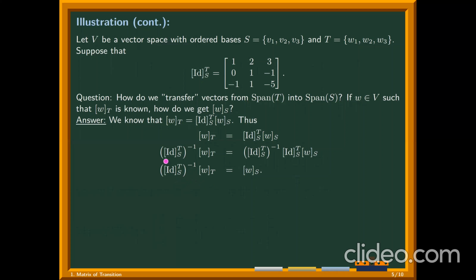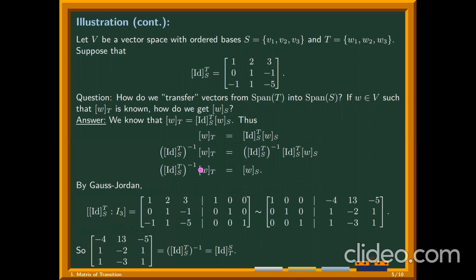So we just need to determine the inverse of the transition matrix from S to T. And you can obtain that inverse using Gauss-Jordan. I will leave the details as a reading exercise.